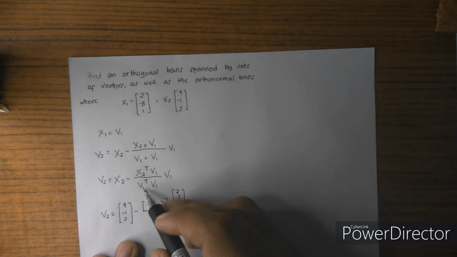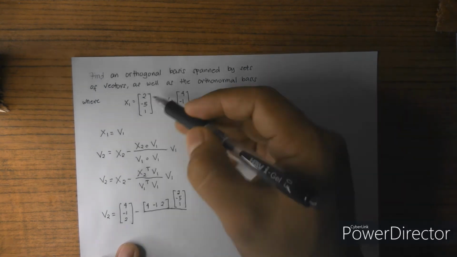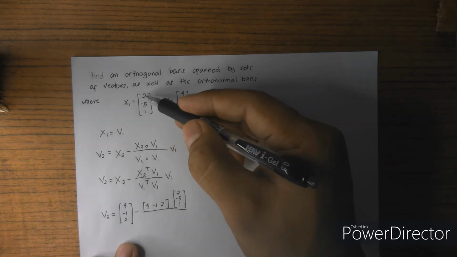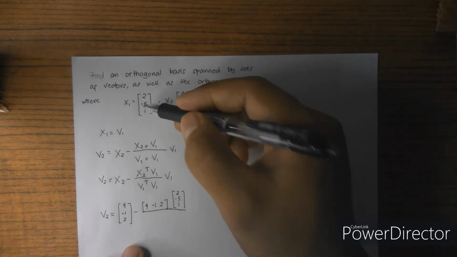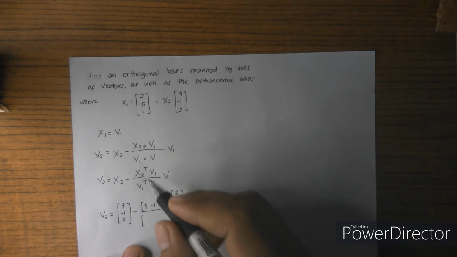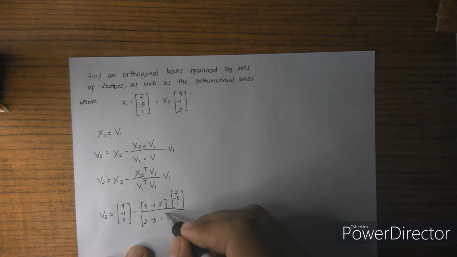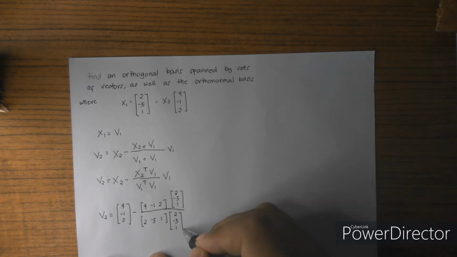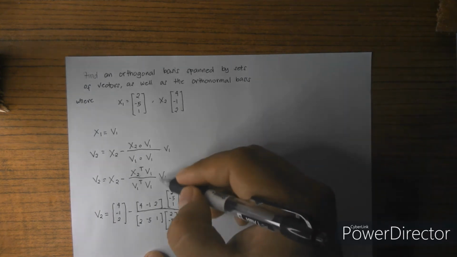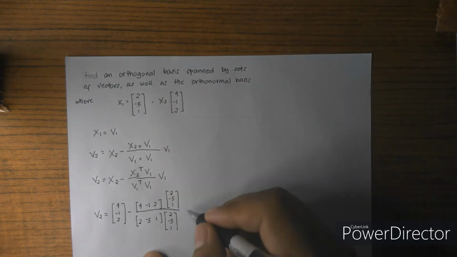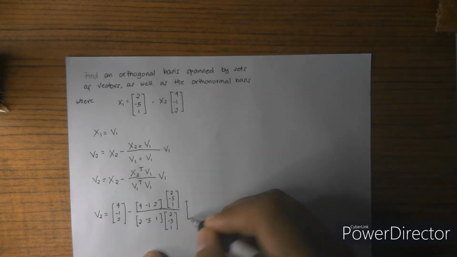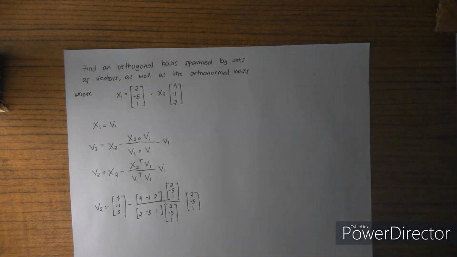Then in the denominator, v sub 1 transpose. We transpose this one, so instead of writing it vertically, we rewrite it horizontally: 2, -5, 1, times v sub 1, which is also our x of 1, so (2, -5, 1).